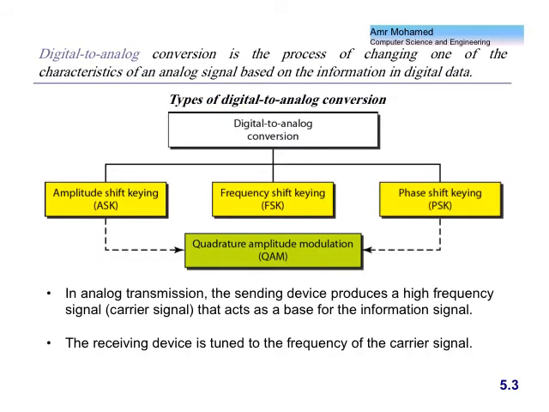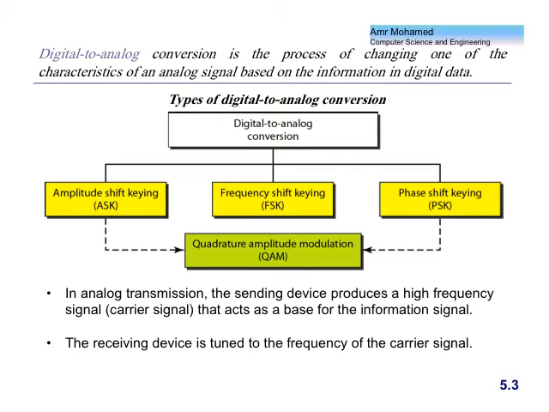As we said, we're trying to convert the digital data into an analog signal, and for that we will use one of these fundamental characteristics, the amplitude, the frequency, and the phase, or sometimes a combination between 2 of these.